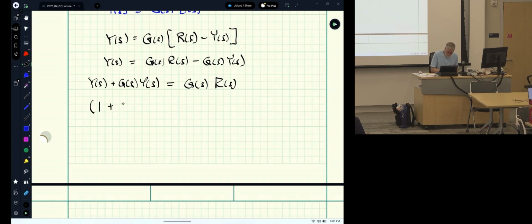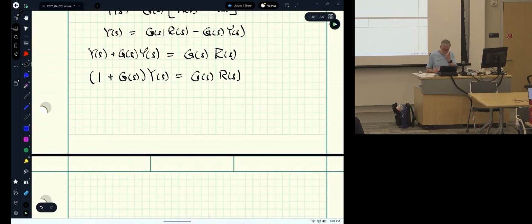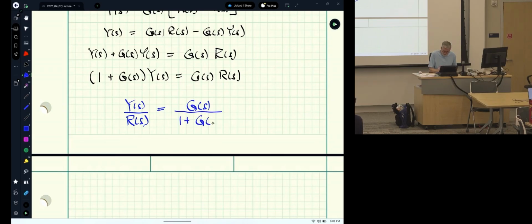One plus G of S, and I'll define a transfer function. Y of s over R of s is G of s over 1 plus G of s.